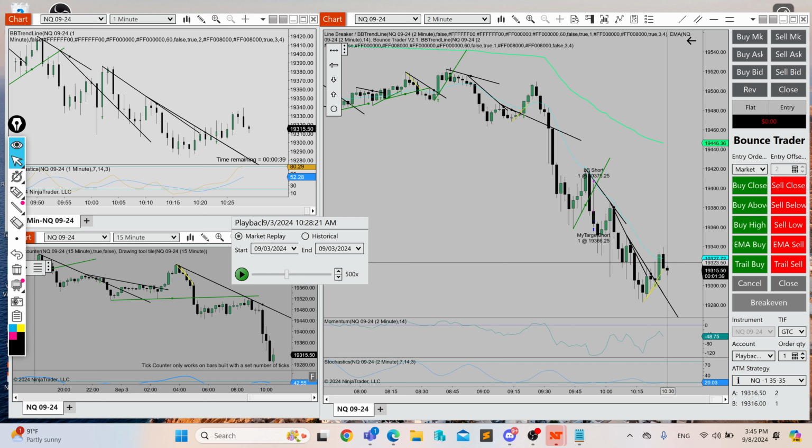There's already a short entry formed here with a stop loss right here. Like I said, there is no auto trading enabled for this yet, but there will be.